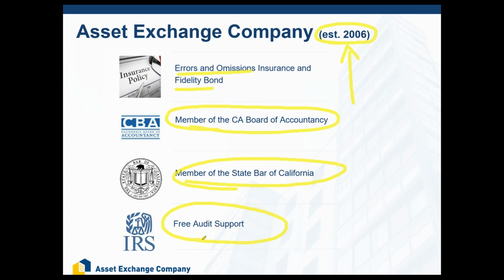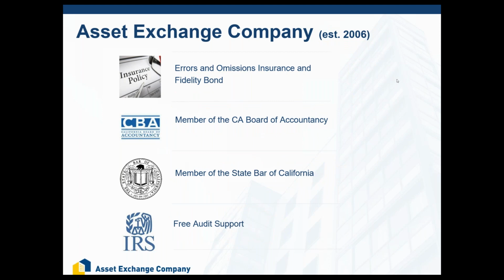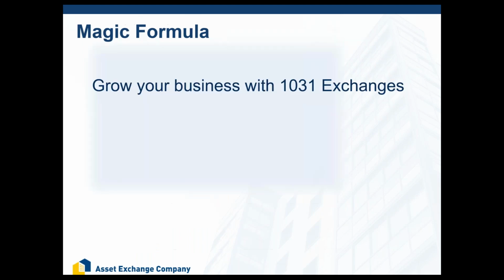And one unique thing about my company is we do provide audit support. Hopefully you don't need it, but we're the only company in the industry that provides our clients with audit support. We do about 150 exchanges every month, so we're a medium-sized 1031 exchange company. We've been around a long time in the industry, though, so I think we're uniquely qualified to talk to you guys about growing your business with the 1031 exchange.